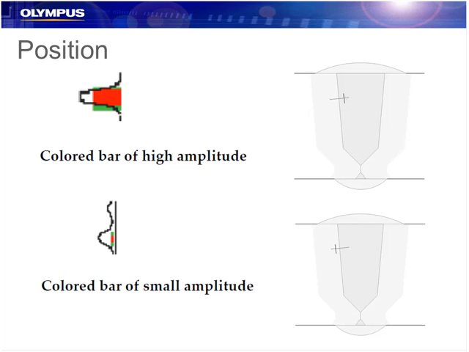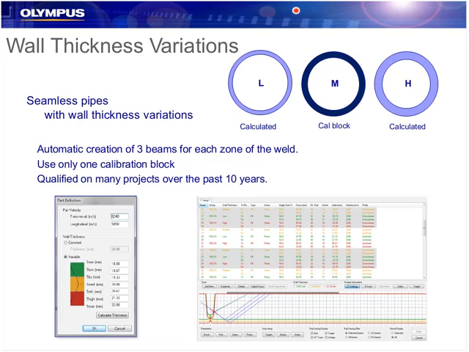If I have an A-scan that comes up in the zone with a very small amplitude bar, again, the color is there to know its true amplitude, but the bar is short. I know that happened in the first half of the gate. So I can position that either in the weld or on the opposite side. We use quick analysis tools like that to quickly make the distinction and keep the inspection moving quickly.